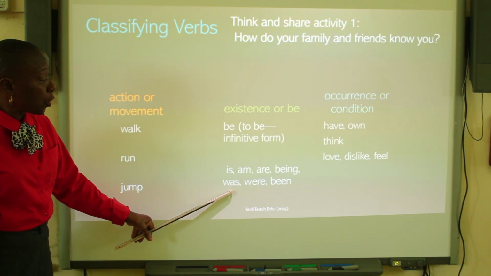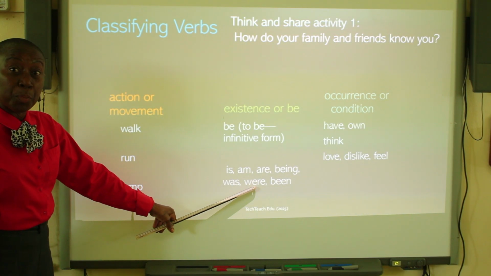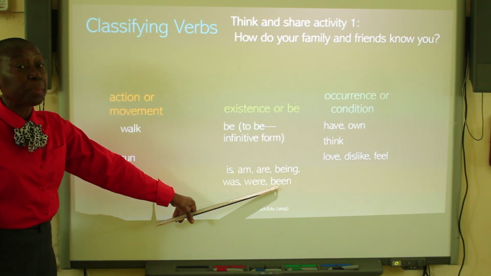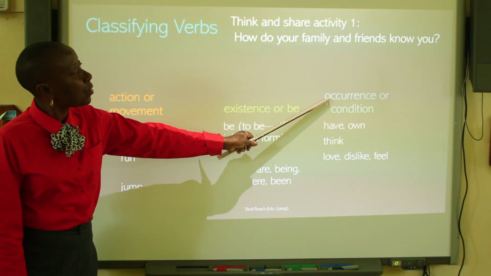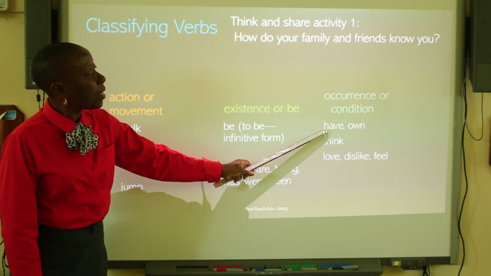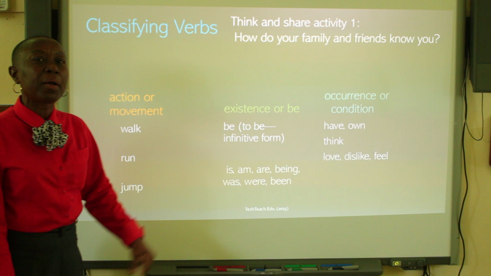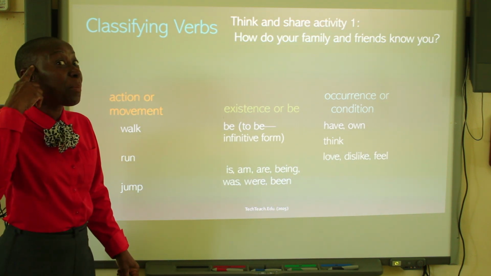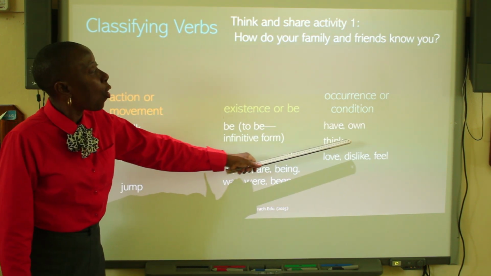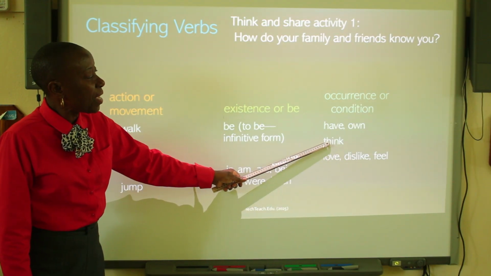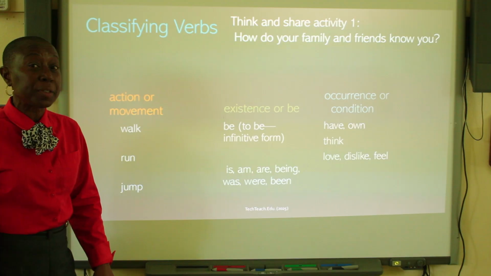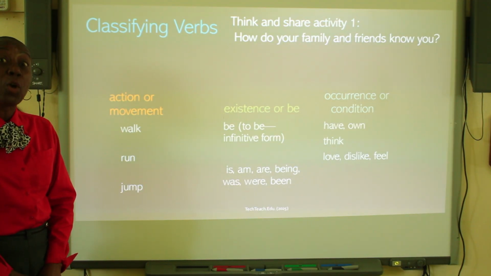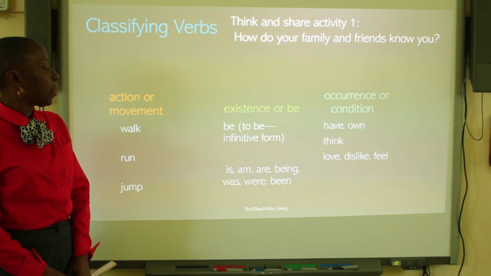Past tense was, were, if it's plural, and been is the past participle form of this verb. Occurrence or condition, these we will not see in our actions, but they are in our minds. For example, have, own, think, love, dislike, and feel are all verb words with no specific observable action.